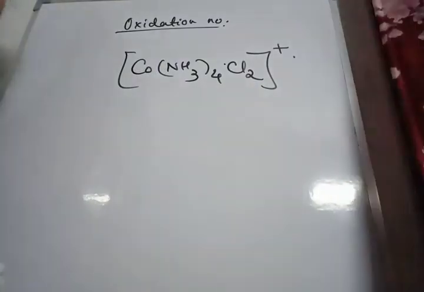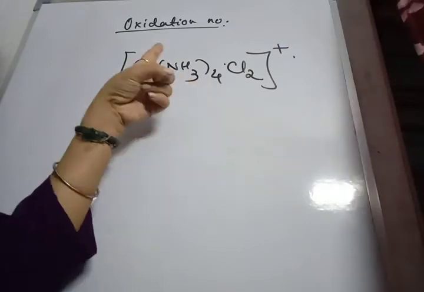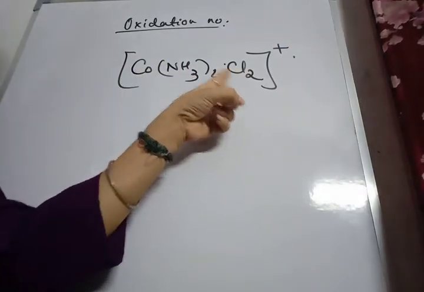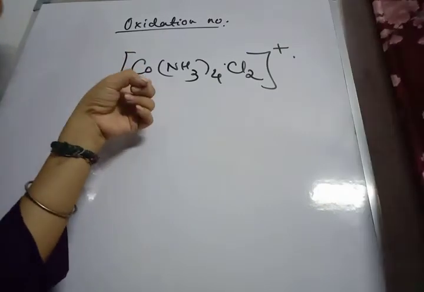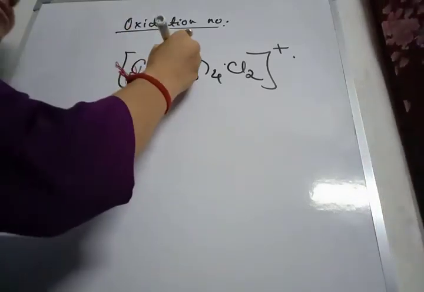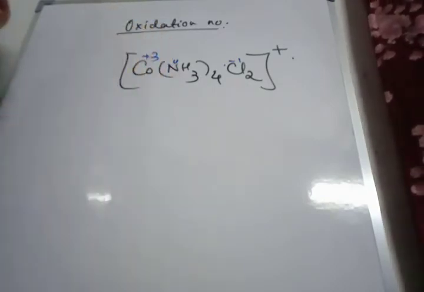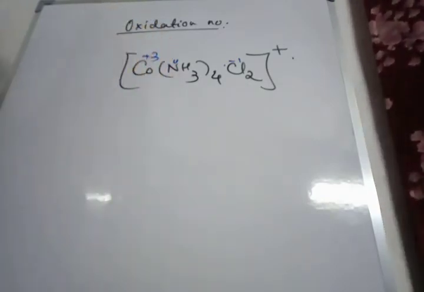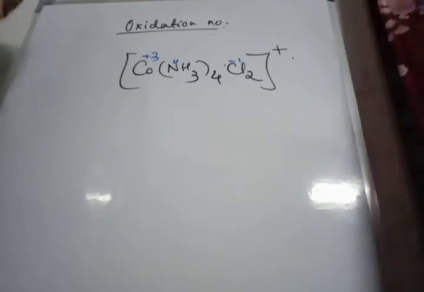As per alphabetical order, ammine comes first, so we are going to write tetraammine, dichloro or dichlorido, then cobalt. Then we are going to write its oxidation number in bracket. What is the oxidation number here? Ammine is 0, Cl is -1. So overall we are going to have +3 as the oxidation number, and that we have to write in the bracket in Roman numeral.